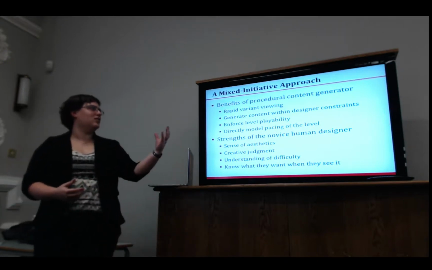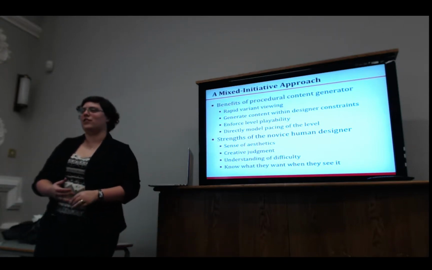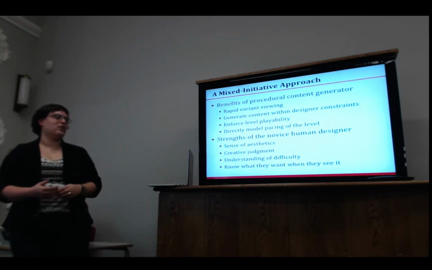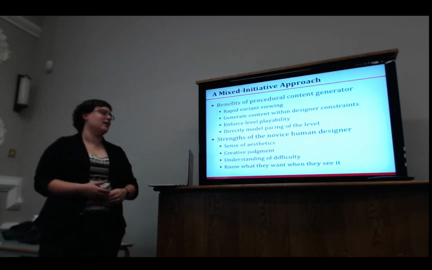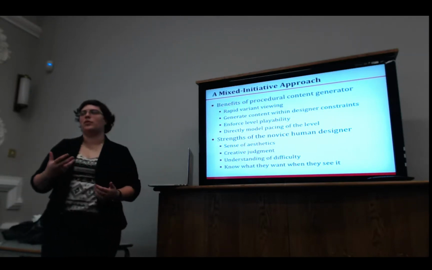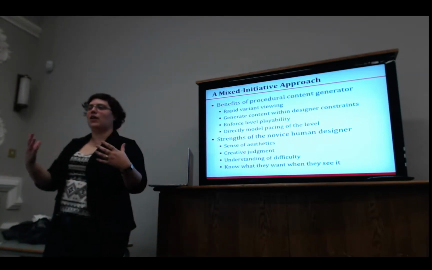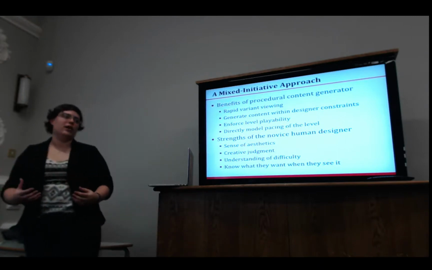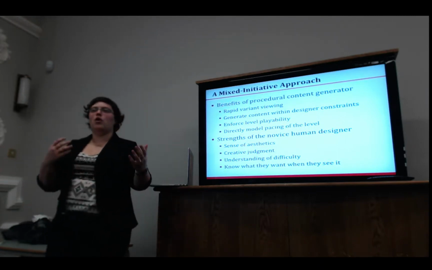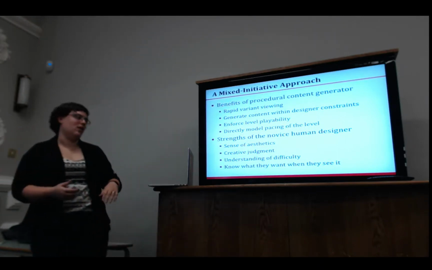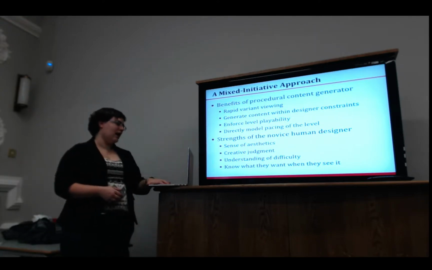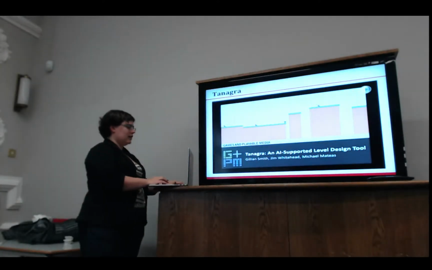Right, so we wanted to take all of the benefits of content generation and all of the strengths of a human designer, that they have a sense of aesthetics, that they have a sense of creative judgment even if they don't know where to begin, that they kind of have an understanding of what will be easy and what will be hard, and kind of will know what they want when they see it, was the hope. And we did all of that to produce this tool called Tanagra.